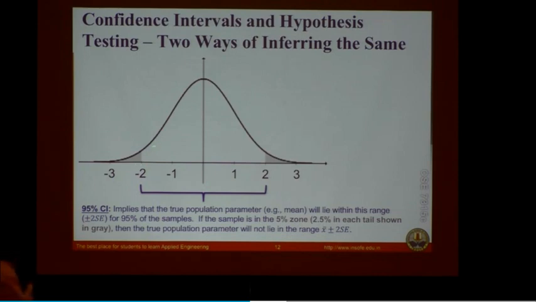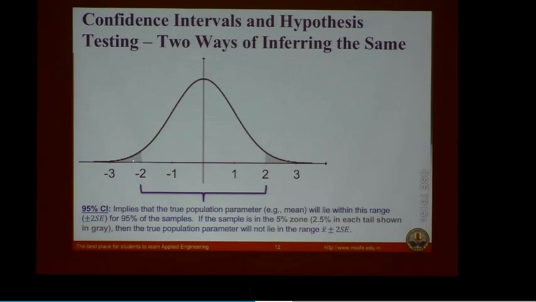So, 95% of the samples, all the samples in this region, they will contain the true population value within plus minus 2 standard errors. Or the sample is within plus minus 2 standard errors of the population. Same thing like we did for apples example. Okay, so population parameter will lie somewhere in this region.